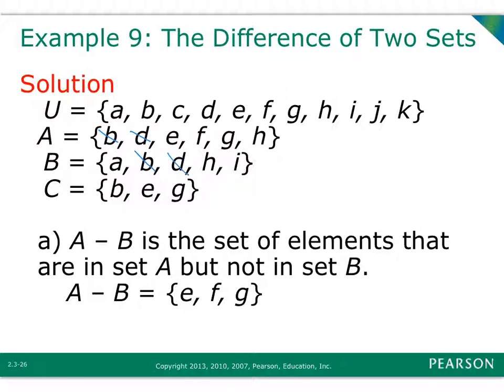And then H is in both those two. And so we're left with, in A, E, F, and G. So that is how we subtract the elements in A minus B.